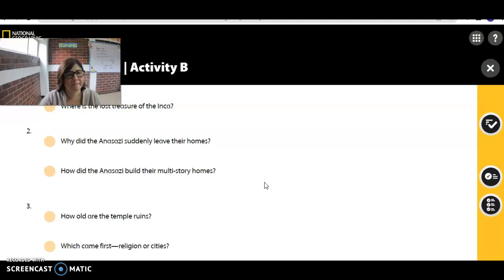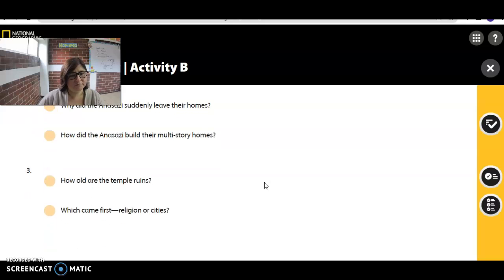In the late 13th century, the Anasazi suddenly abandoned their homes. Some experts think they may have left because of a change in the climate. There are no written records from that time, so the reason why the Anasazi left their homes remains a mystery.